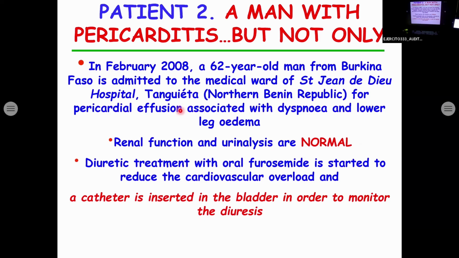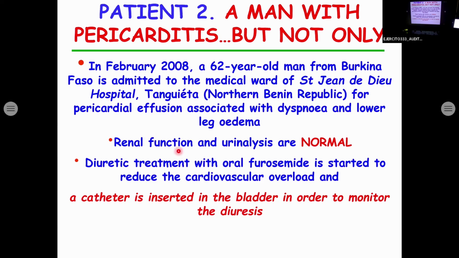This is a patient whom I followed up in one of our missions to West Africa, Sub-Saharan West Africa, Benin Republic. A 62-year-old man from Burkina Faso is admitted to the medical ward of the Saint-Jean-de-Dieu Hospital, Tanguieta, Northern Benin Republic, for pericardial effusion associated with dyspnea and lower leg edema.